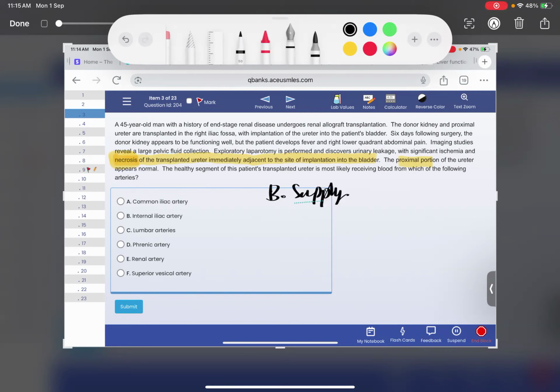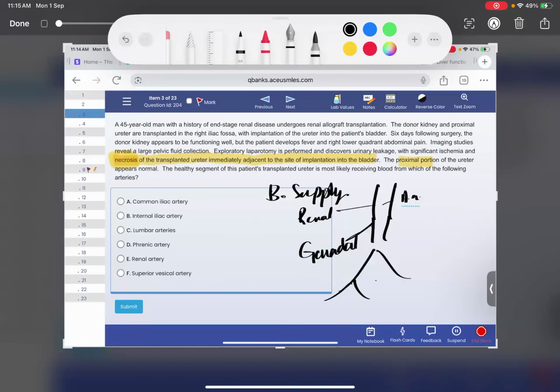The proximal part will be supplied by the renal artery. Yeah, we will go through it together. First one is renal, then this is the abdominal aorta, right? Then we have gonadal, then the bifurcation of the aorta into the common iliac arteries, and then we have internal iliac and external iliac, right?